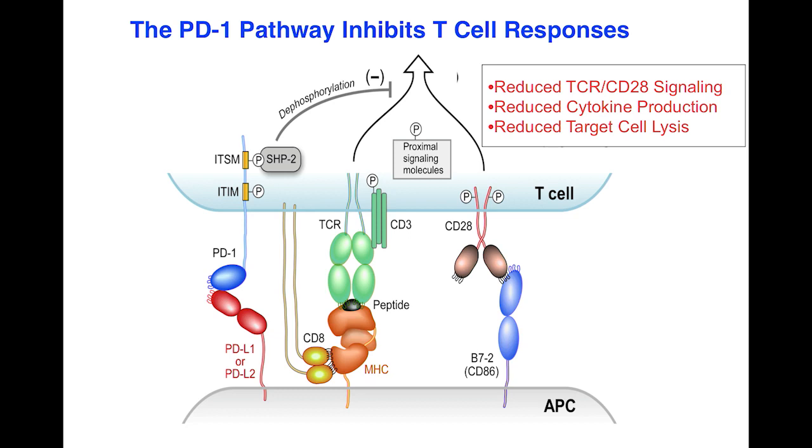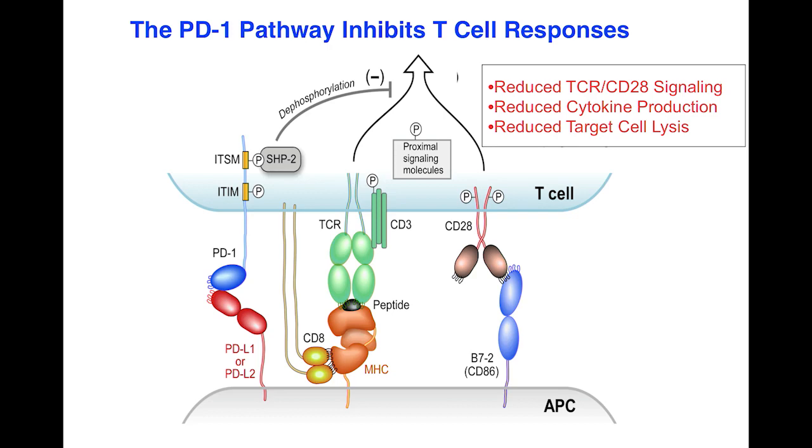The PD-1 receptor, like CTLA-4, is upregulated on T cells upon their activation. PD-1 has two ligands, PD-L1 and PD-L2, and when they engage PD-1, PD-1 becomes phosphorylated on tyrosine motifs in its cytoplasmic domain.